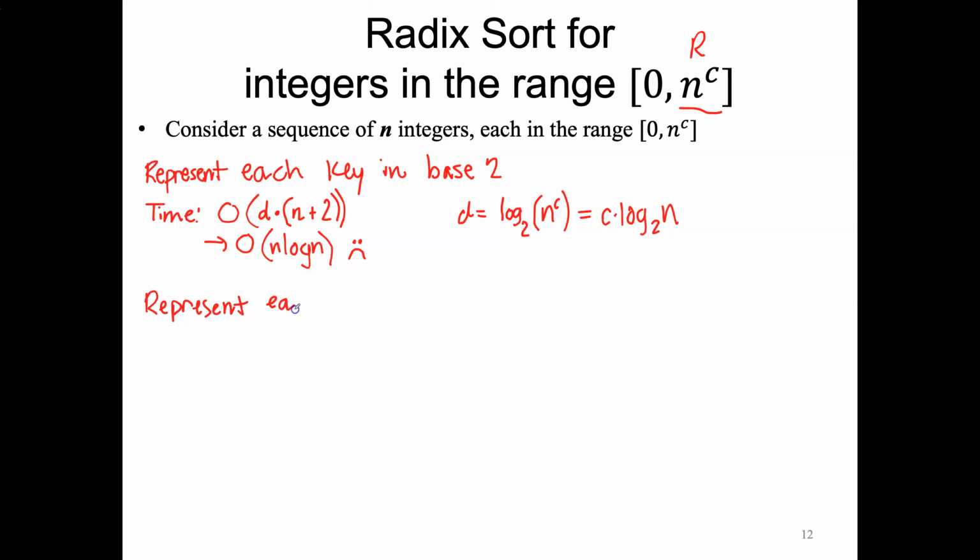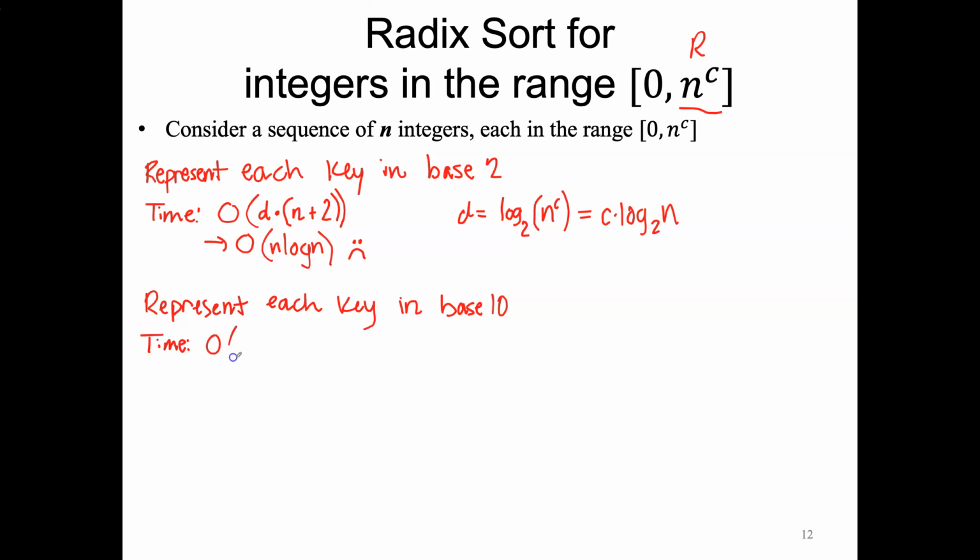Let's say now we represent each key, let's put this in decimal format. Maybe we could use hexadecimal or something else, but let's start by putting it in decimal format, in base 10. The standard number system that you know and love. So now our runtime will again be based on how many dimensions we have, but our keys are in a different range now.